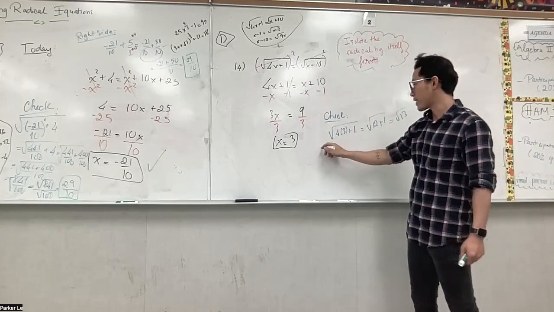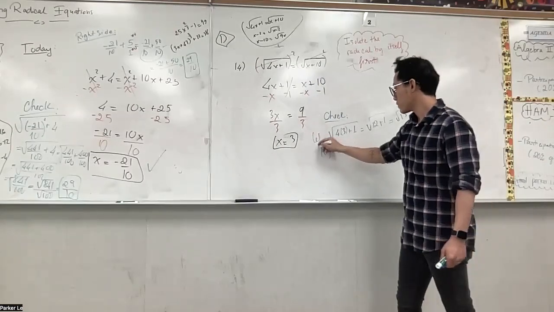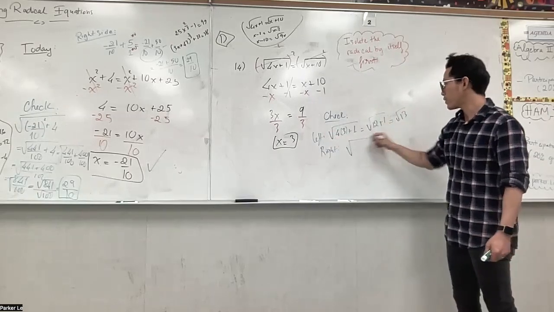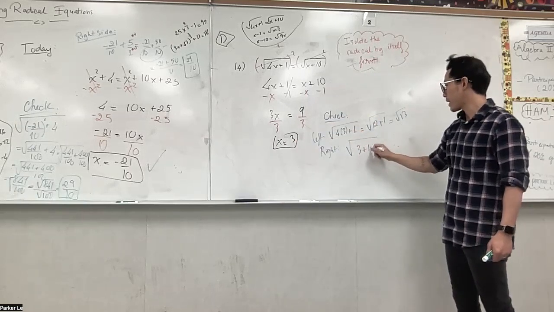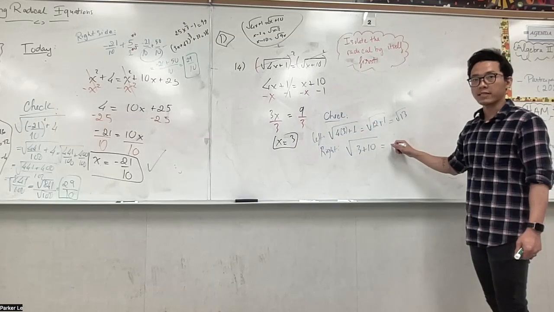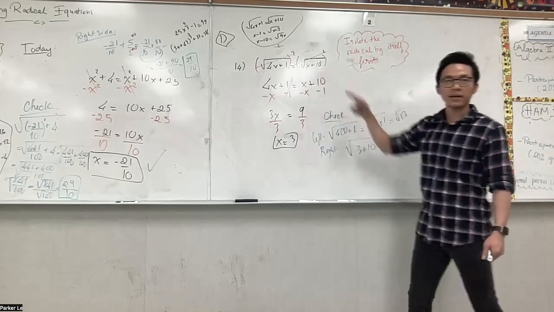Now I'm gonna check the right side to see if they give me the same value. The right I have square root of x plus 10, and x is 3. I'm plugging in 3.